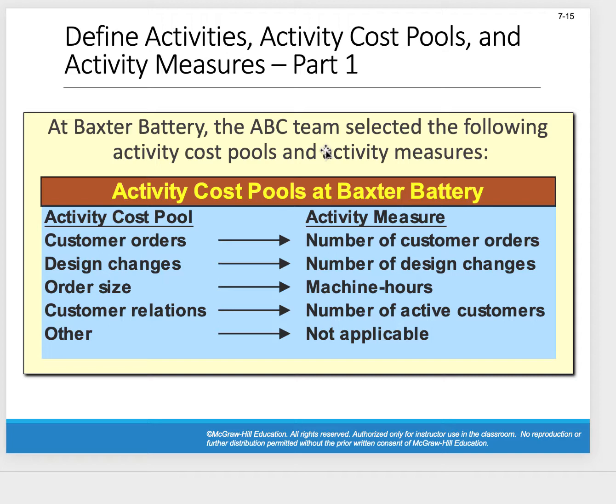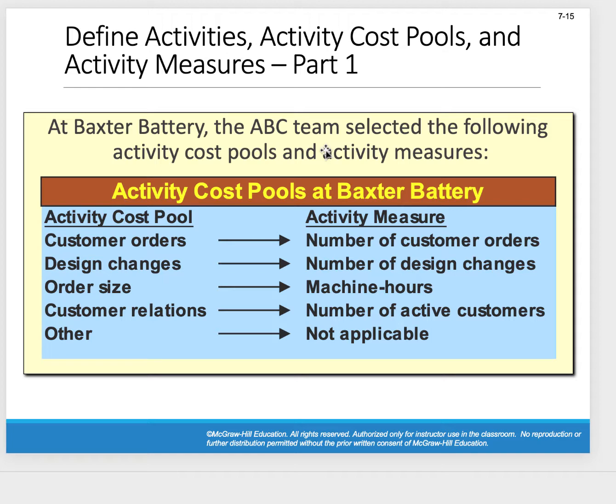We could assume with high certainty that those are our organizational sustaining activities, or idle capacity costs. So we identify the activity cost pools, which are nothing more than a bucket that is going to hold the costs associated with that activity.